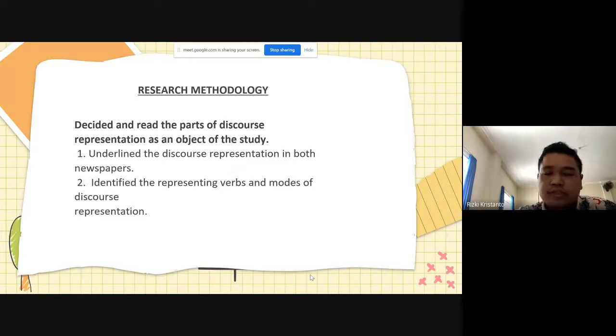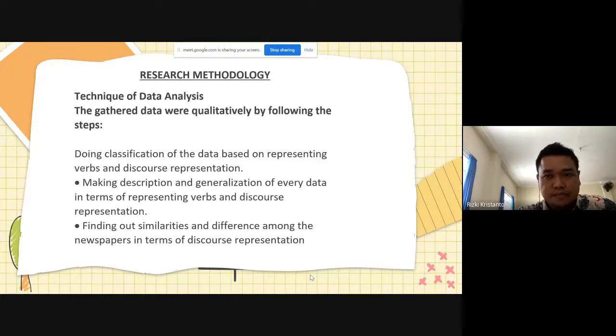So the researcher has already decided and read the parts of discourse, and there are two important points that the researcher has decided. The first one is underlining the discourse representation in both newspapers, and the second one is identifying the representing verbs and modes of discourse representation. Next, please.